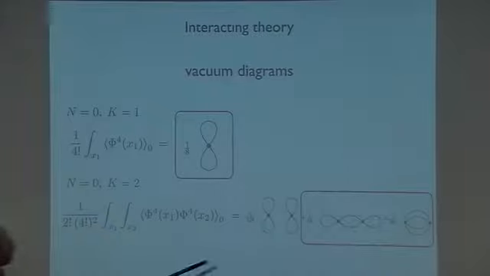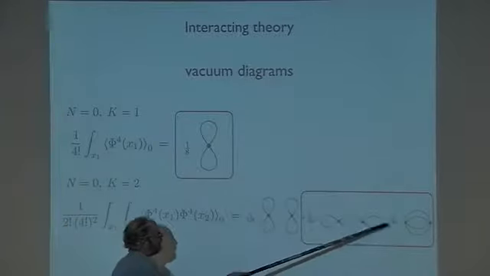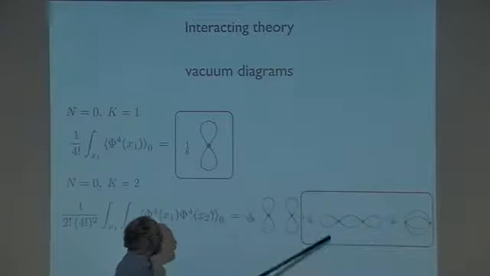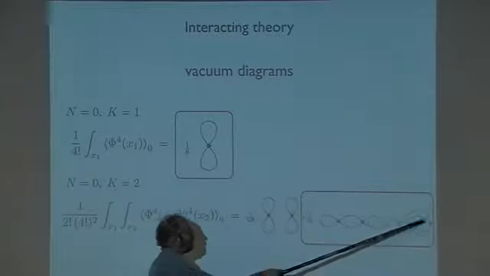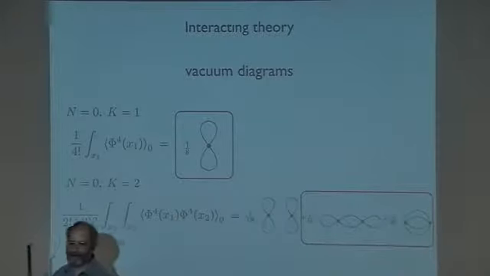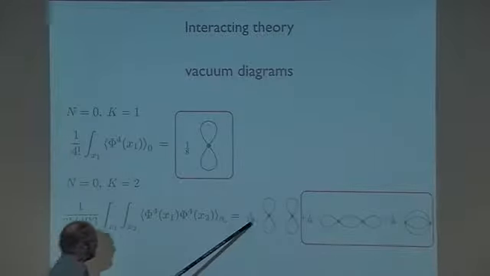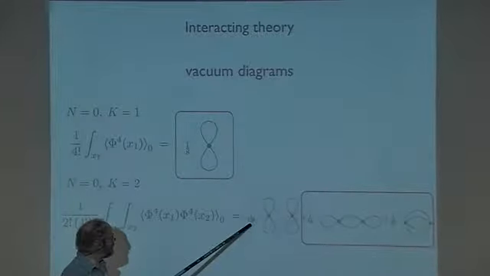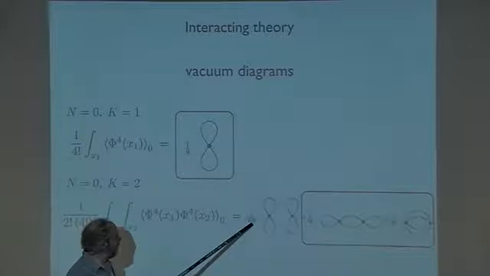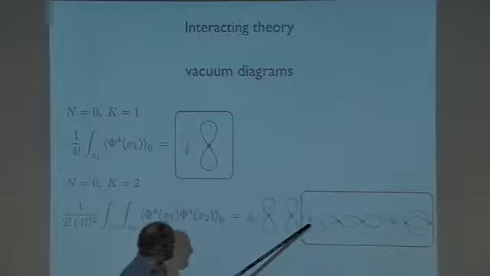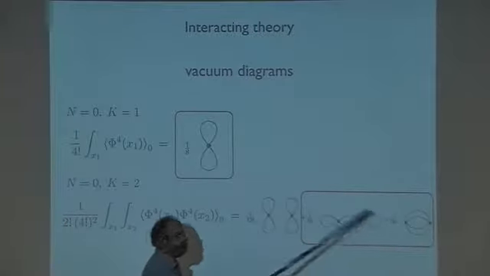And then you get the new diagrams, this one and this one, by connecting 2 or 4 of the 2 vertices together. And if you apply Wick theorem, these are the counting factors that come out: 1 over 128, 1 over 16 and 1 over 48.